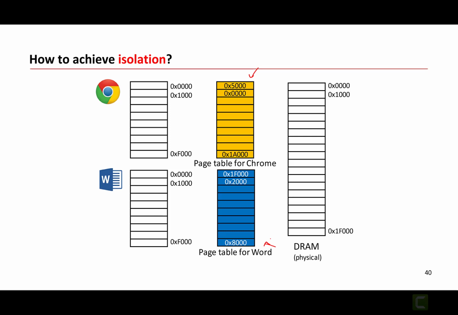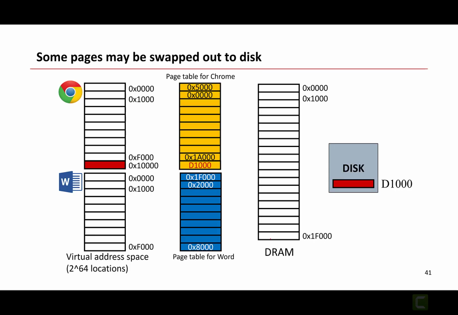Now, when you look at the mappings, you will see that the virtual address 0 is stored in the physical page 5000. So this is 1, 2, 3, 4, 5.